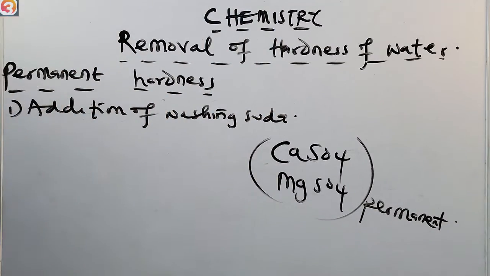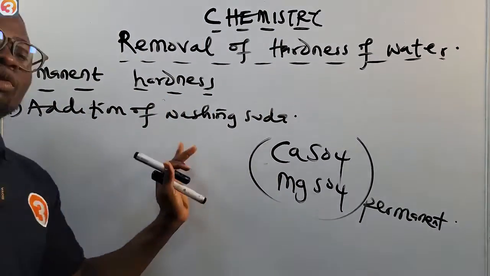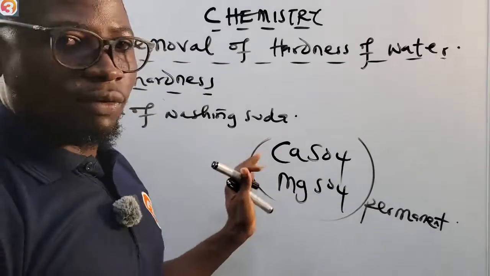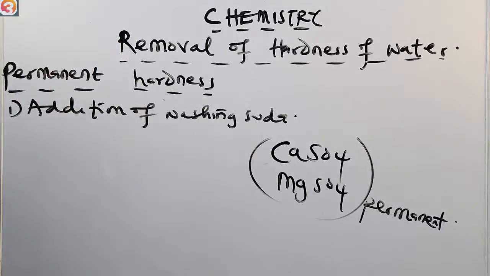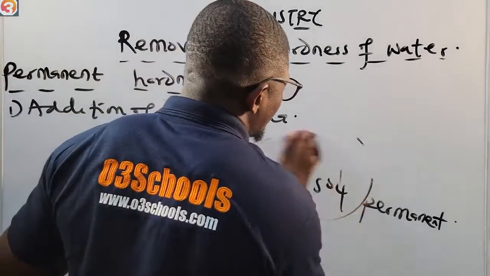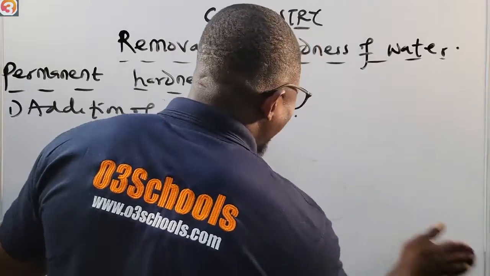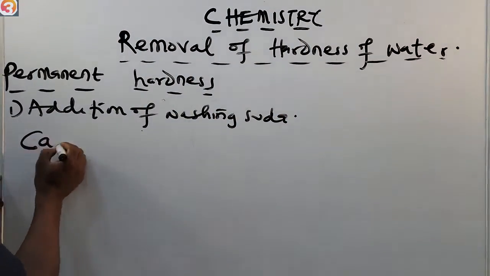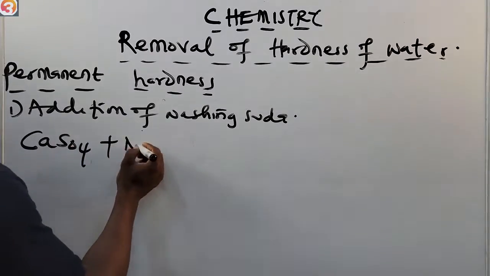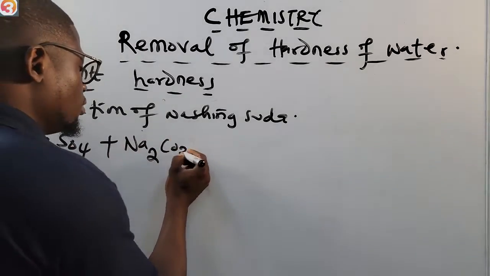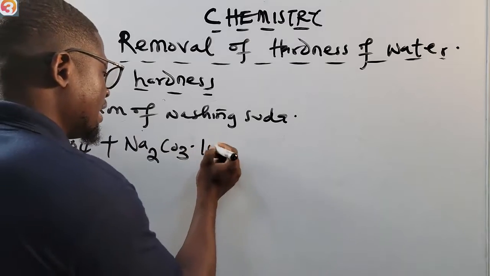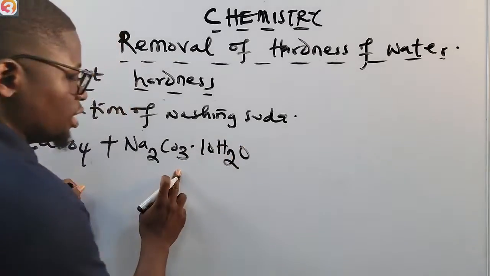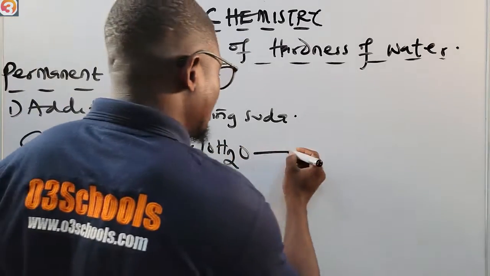So when we add washing soda to CaSO4, it is going to remove that hardness from the water. So that is one method. Number 1, addition of washing soda. So I'm going to have CaSO4 plus Na2CO3.10H2O, which is washing soda, to now give us what now?